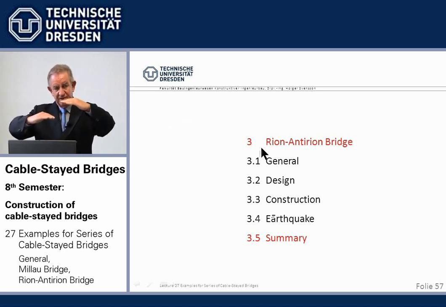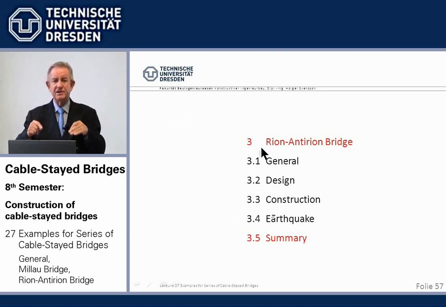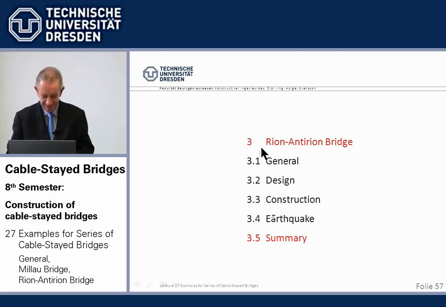A sort of plastic sliding of this possible 2 meters difference can take place. That is really unique for this bridge. So, those were the series of cable-stayed bridges. Thank you.